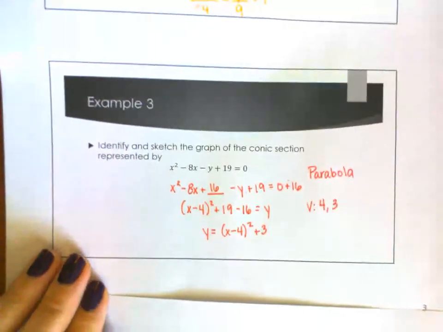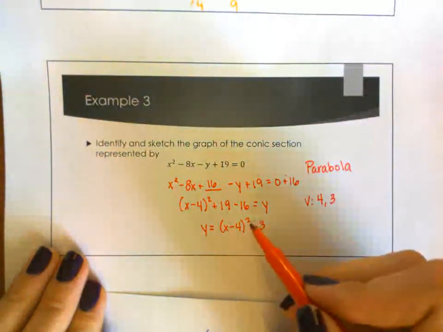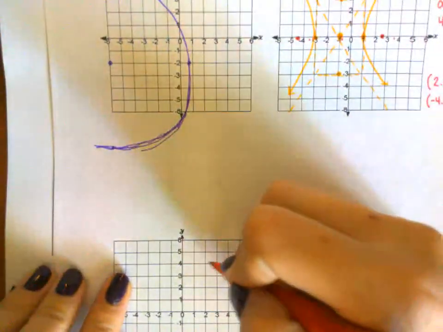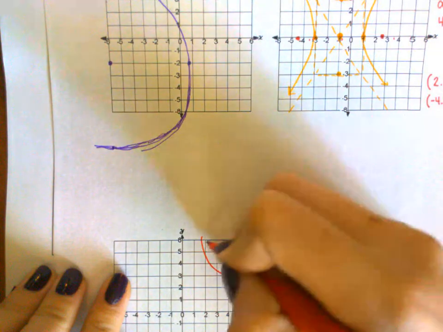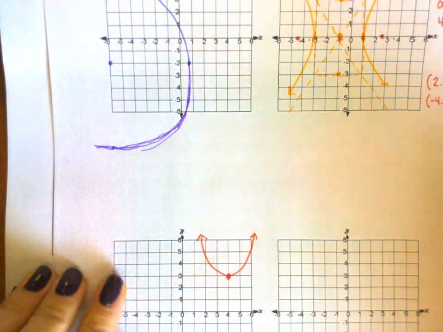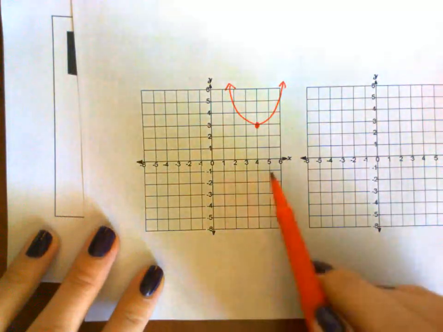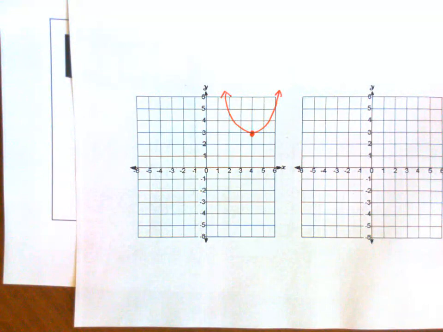Which direction is this going to open? It's going to open up because it's x squared, and it's a positive. So I know that my graph is going to end up looking like this. And there you have it. That's all I'm really looking for right now on parabolas is, can we do the translation? So that's the gist of it.